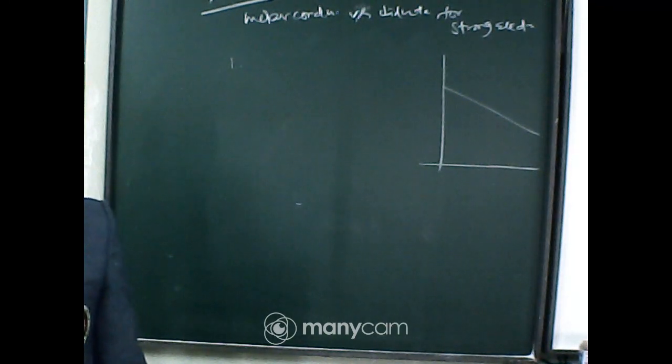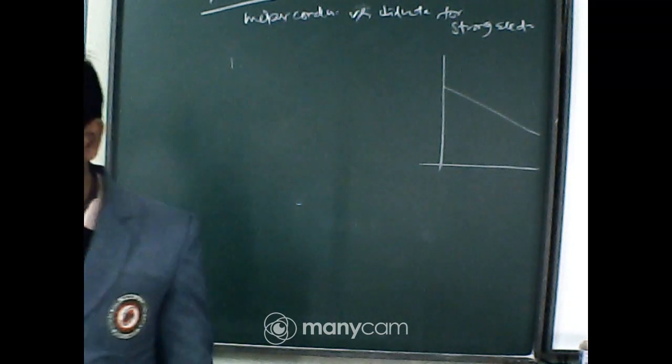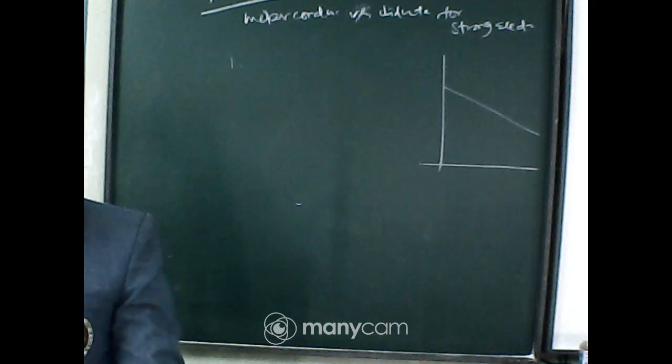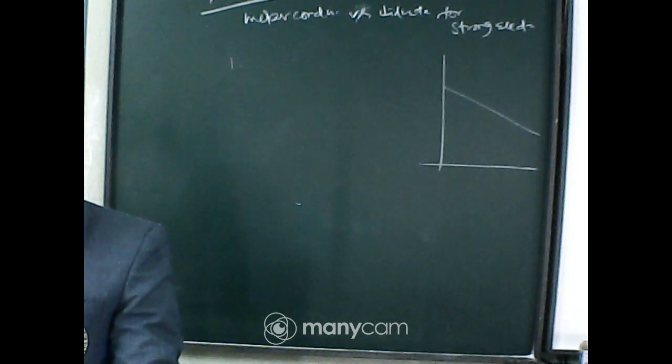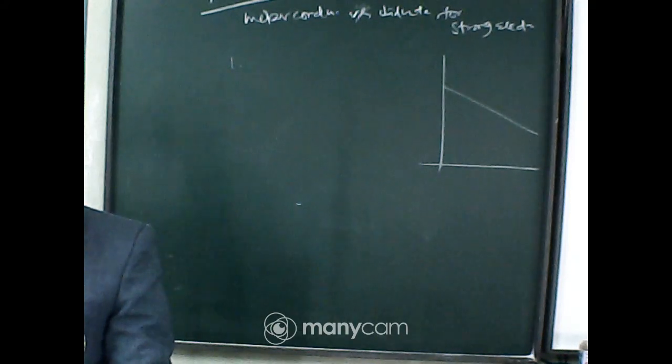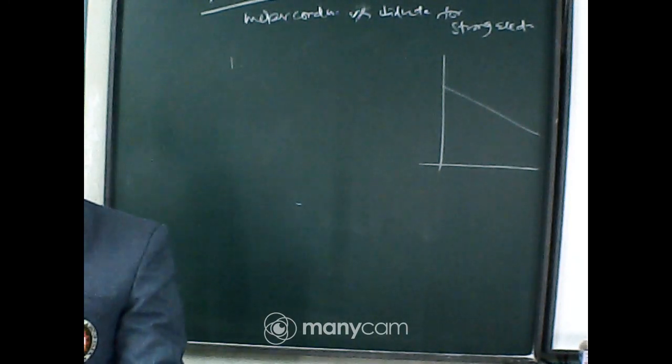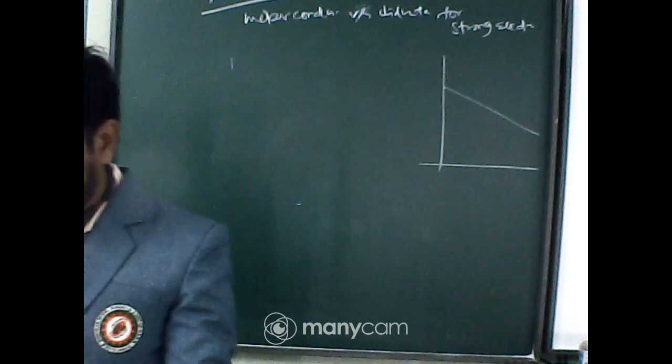Strong electrolytes, we know, are completely ionized, and for strong electrolytes lambda m, that is molar conductivity, increases slowly with dilution. It is opposite to the weak electrolytes.